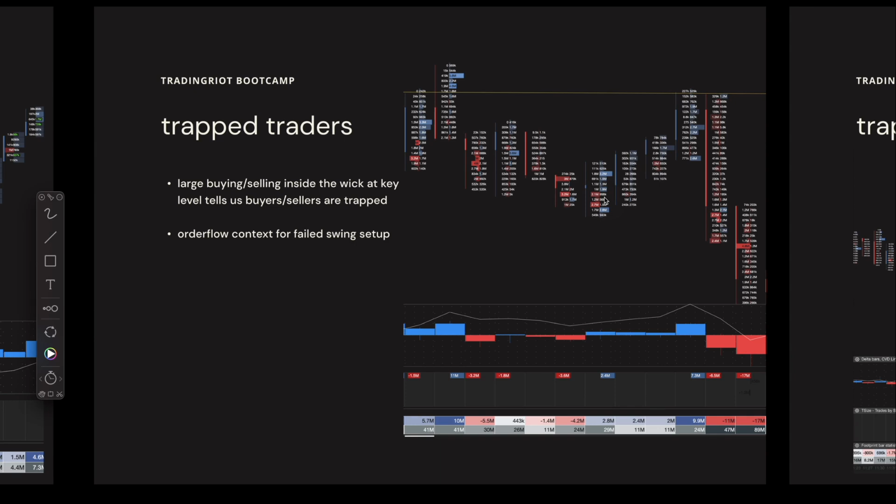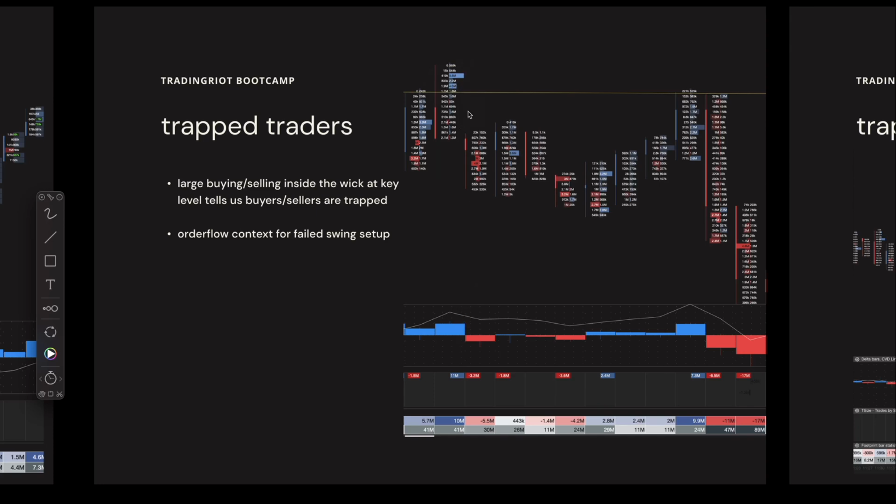One of the things that I see people do a lot is they are kind of visualizing these things for themselves. For example, you will have just a little bit of buying here. The candle will close with a negative delta. There are no large orders executed, but people will still execute this because there was a little bit of buying inside here. Once again, you need to know the market you are trading.